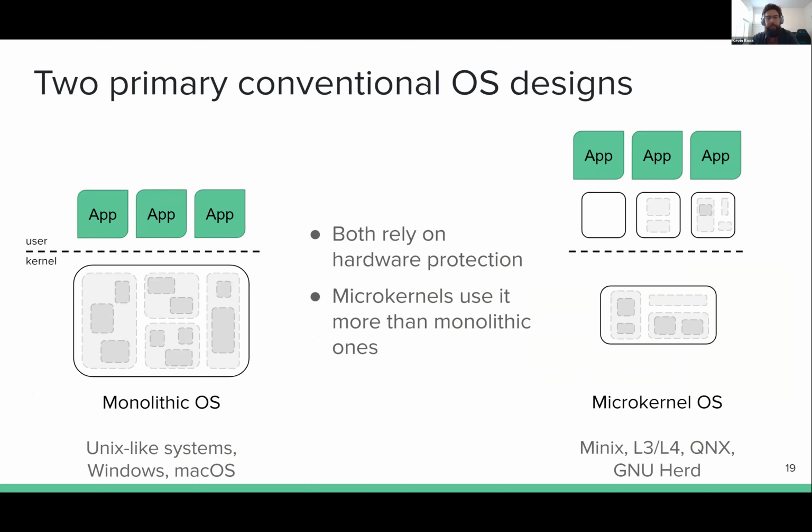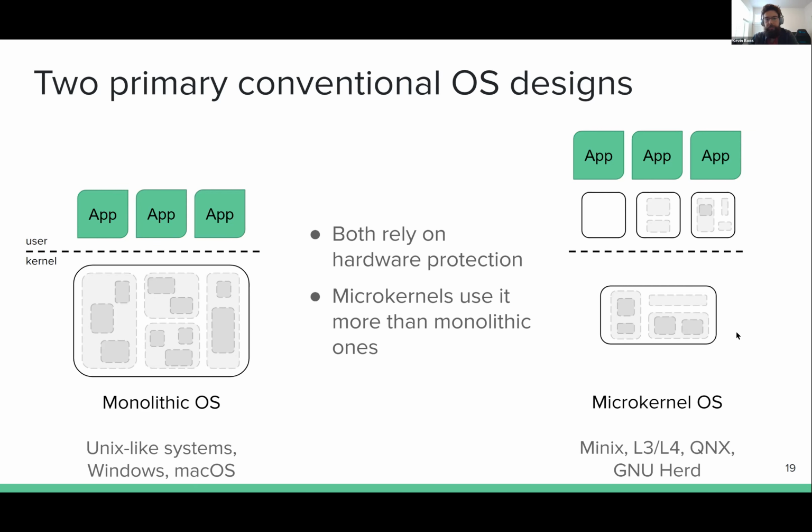Okay, so this brings me to an overview of the two main types of OS designs. You are probably familiar with monolithic OS systems, things like anything based on Unix, Linux, Windows, macOS. You have one large kernel, everything is in it, all drivers, file systems, all that good stuff. And then in the user space, you have applications.